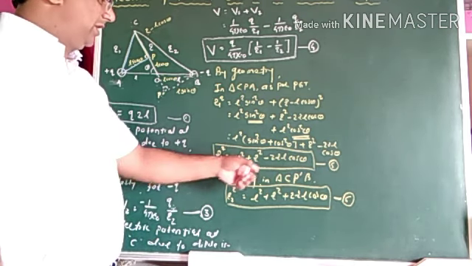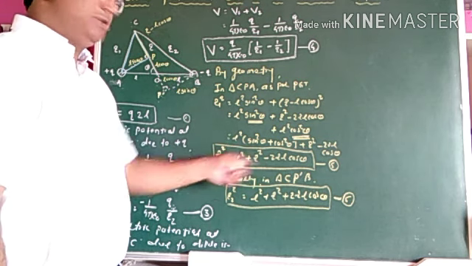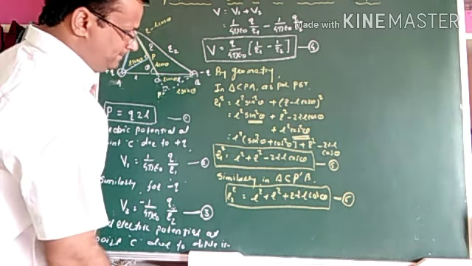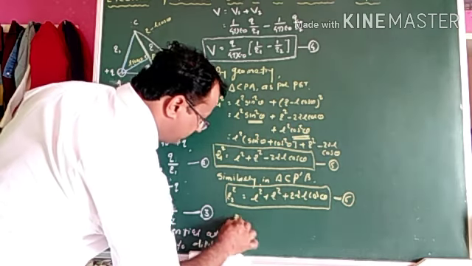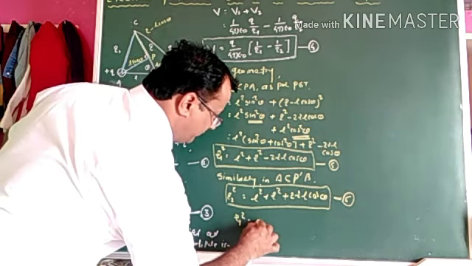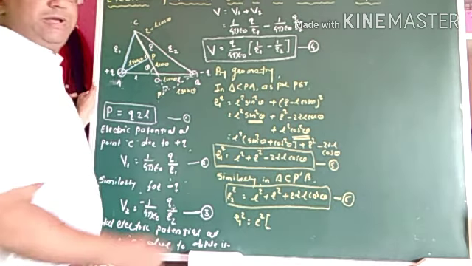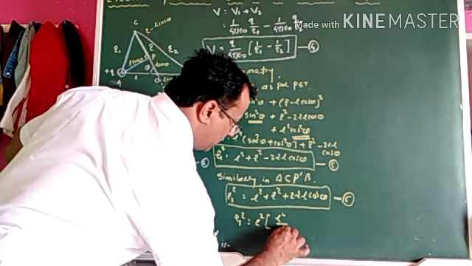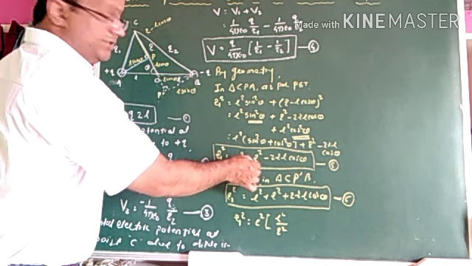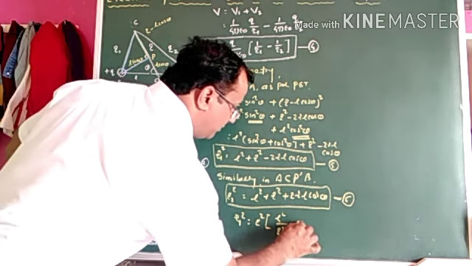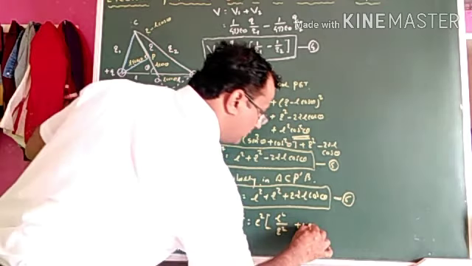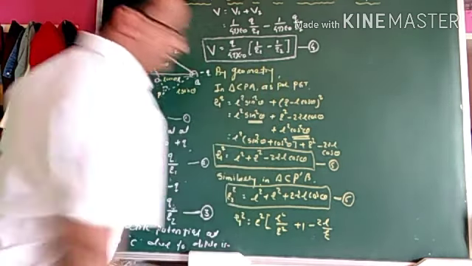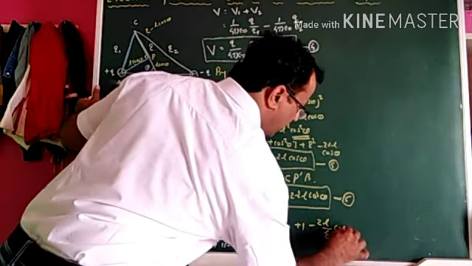Before that, suppose if we take R square common, then we get R1 square is equal to R square times, inside the bracket, L square upon R square plus 1, then minus 2L upon R, and this cos theta is as it is.